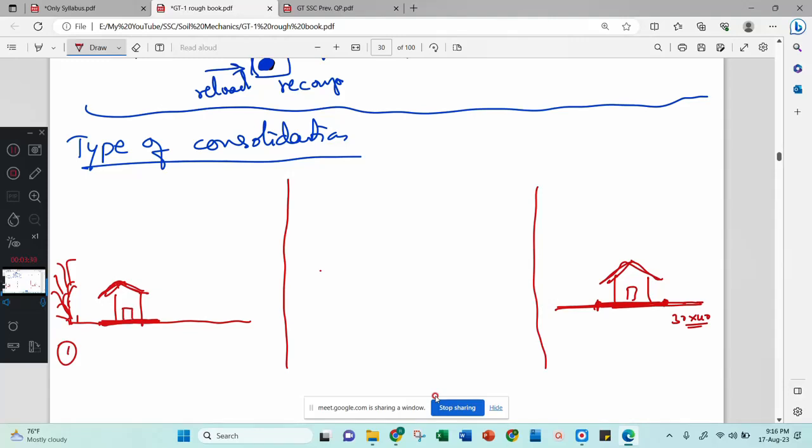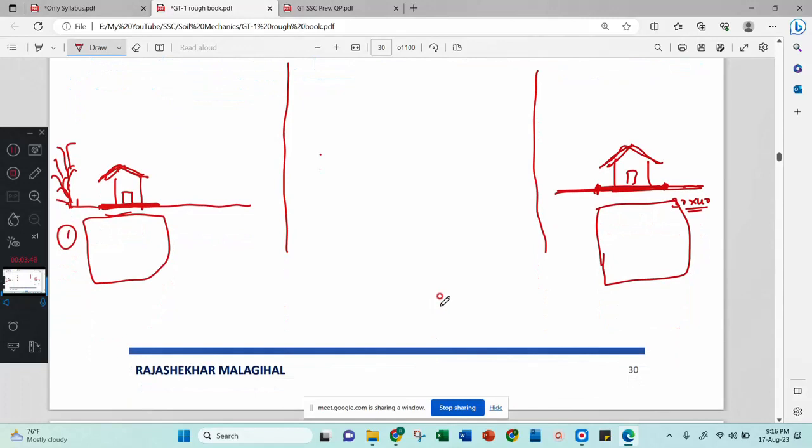Then what is the difference between this building and this building, or this soil and this soil? Okay, if you think of these two conditions, here the past pressure, sigma past, meaning the previous pressure, was not there, therefore past pressure is less than the present pressure. Agree?